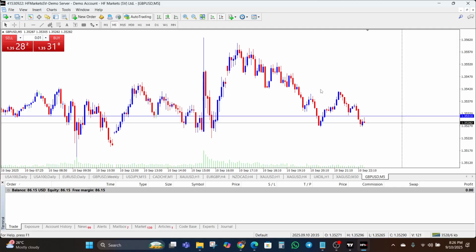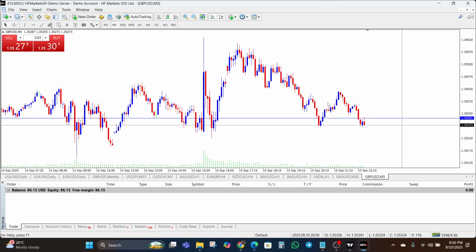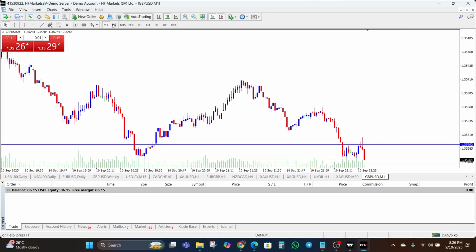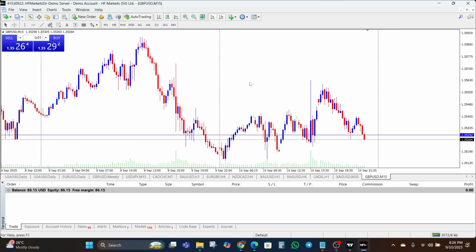The main reason scalping suits smaller accounts is that it does not require wide stop losses or long holding periods. You are working on shorter time frames like the 1 minute, 5 minute, or 15-minute charts.